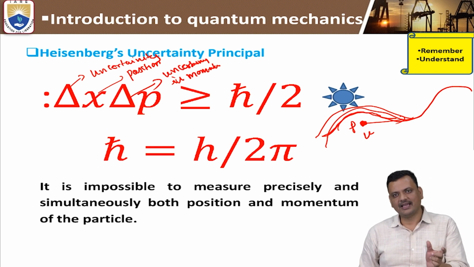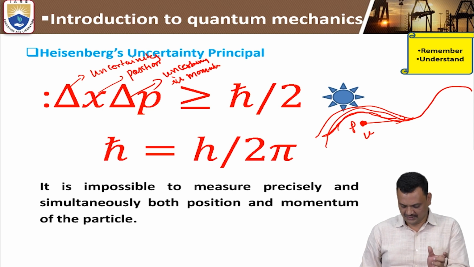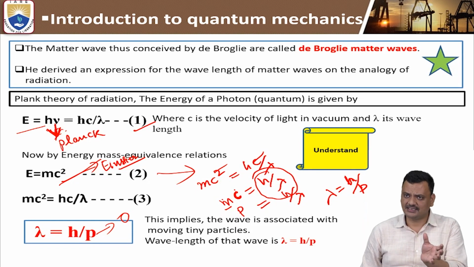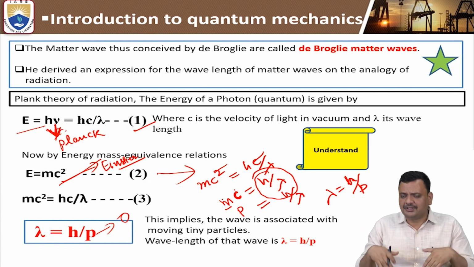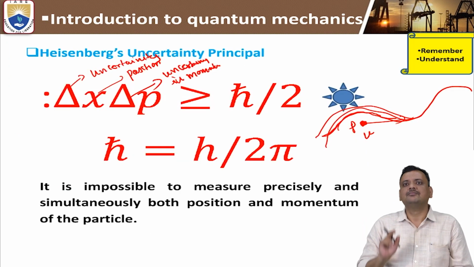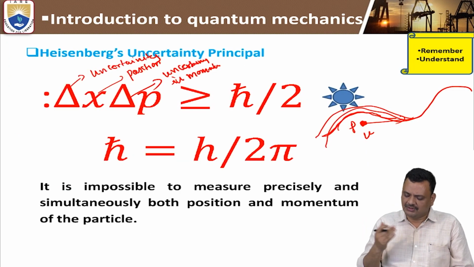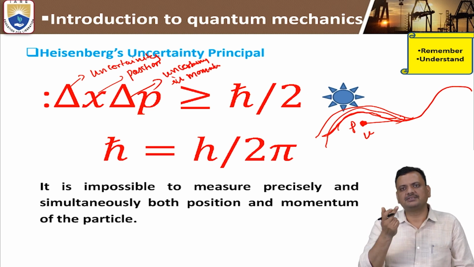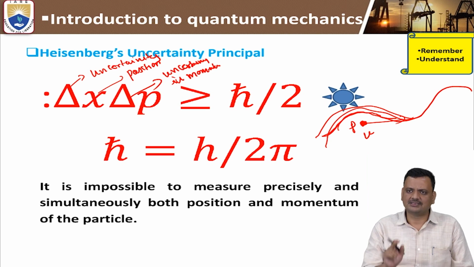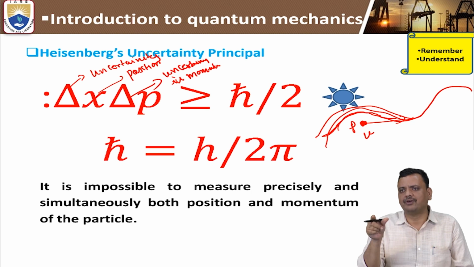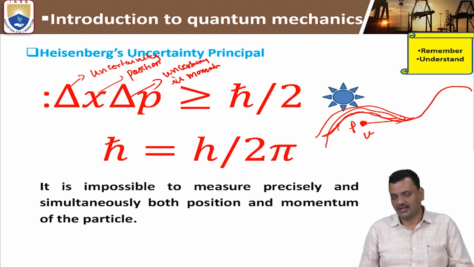Actually, the idea came with this concept only. Here, what de Broglie suggests is that a wave is associated with any moving particle. That's okay. But when Heisenberg comes with his idea, the uncertainty principle, with the help of this uncertainty principle you can say that not only a single wave, but a group of waves is associated with any moving particle.